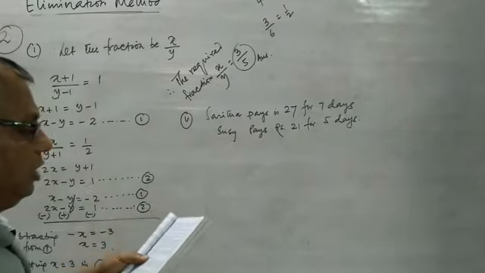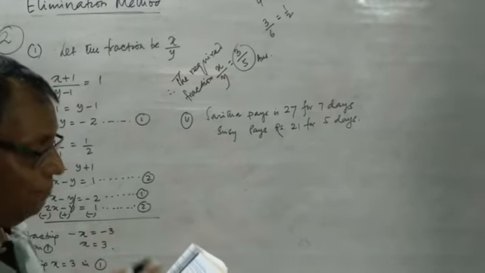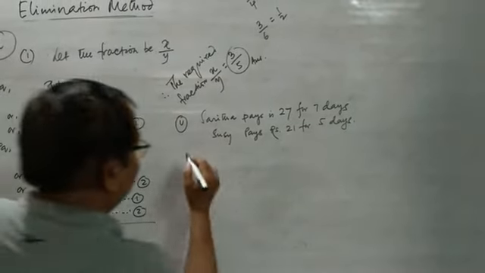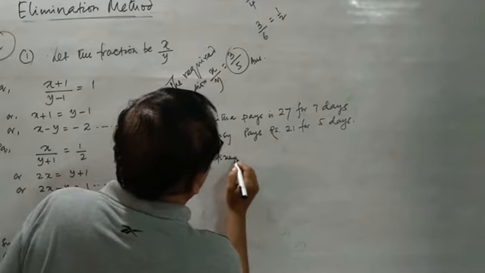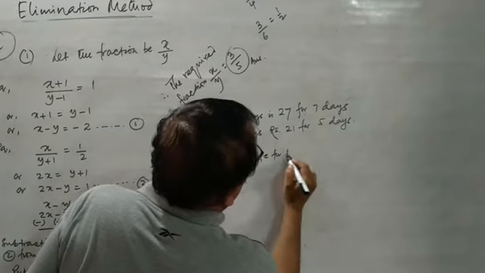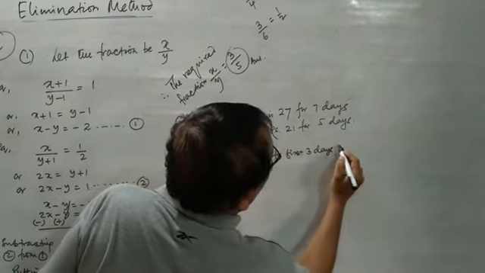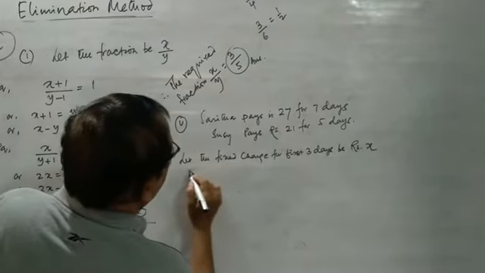So find the fixed charge for 3 days. The lending library has a fixed charge for the first 3 days. Let the fixed charge for the first 3 days be rupees X.